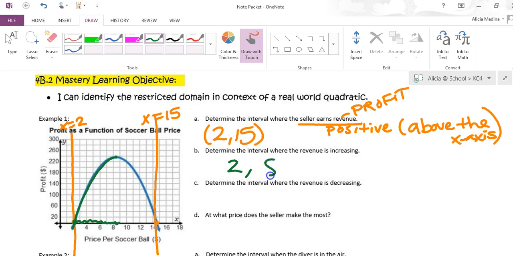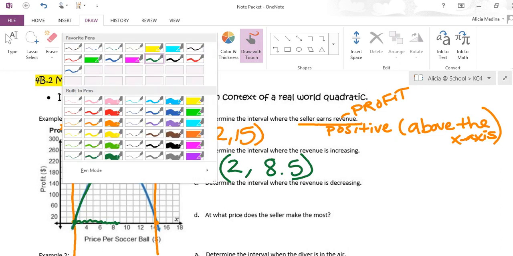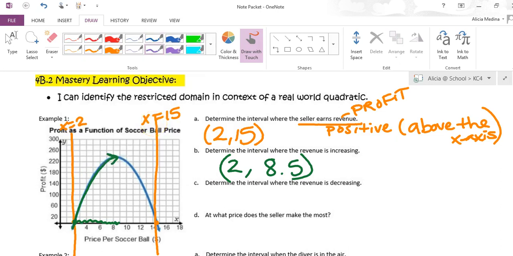So from 2 all the way to 8.5 is where my graph is going up, right? Where is the interval where the revenue is decreasing? Decreasing is wherever it's going down. So that's going to be from that same x value, 8.5, but now going all the way onto 15. Yep, it's at 15.